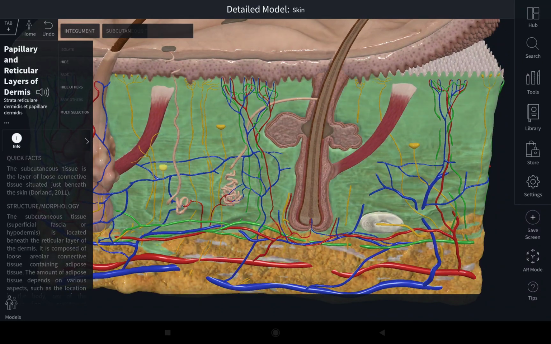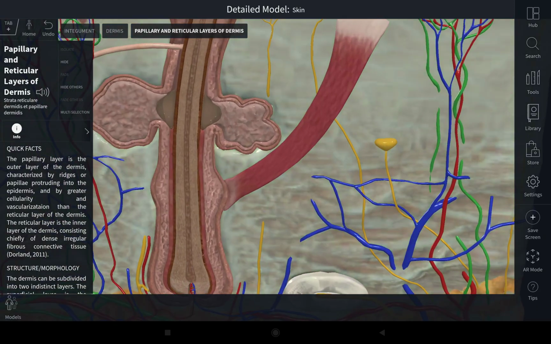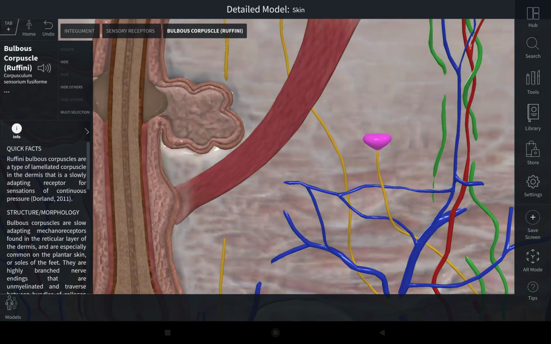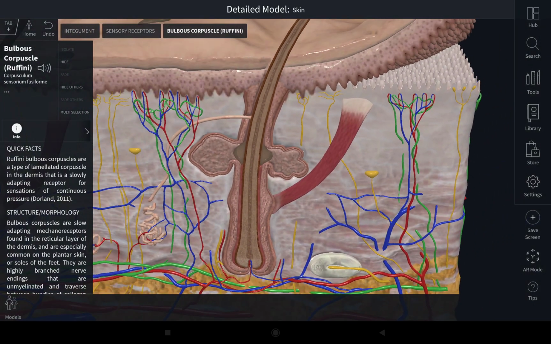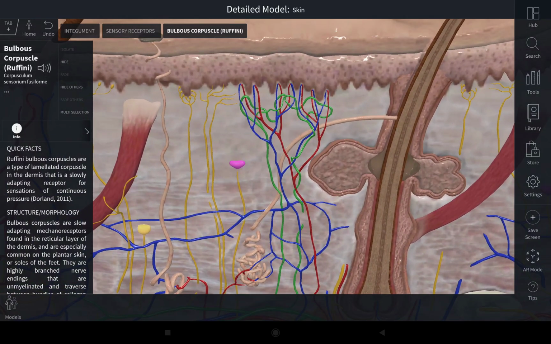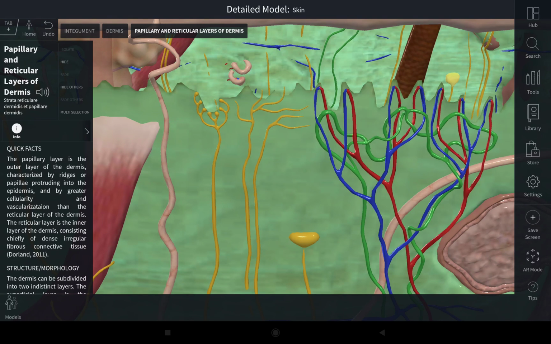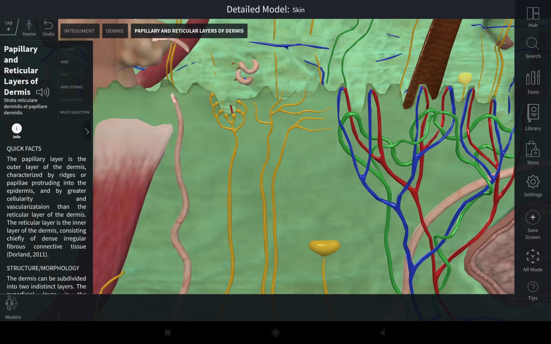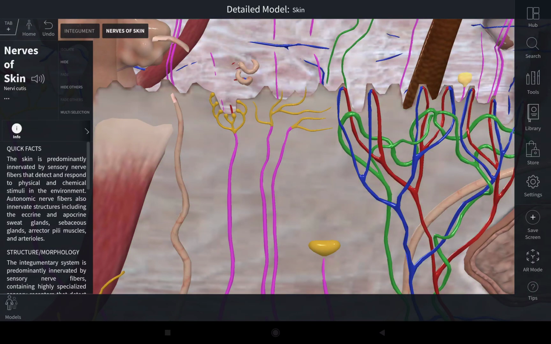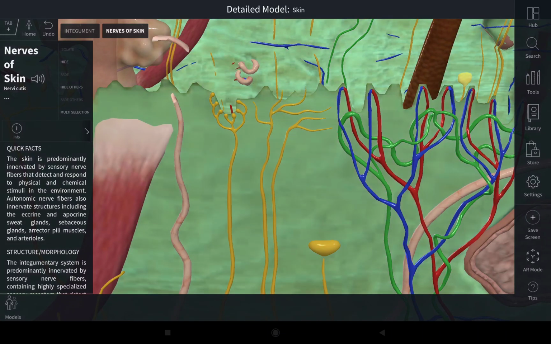This is the Ruffini corpuscles. This is the bulbous corpuscle of Ruffini. This is the nerves of skin.